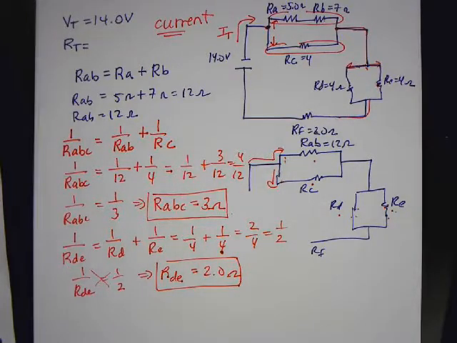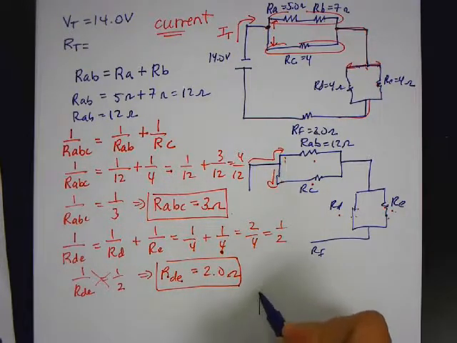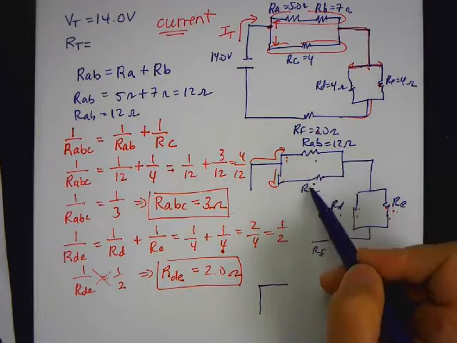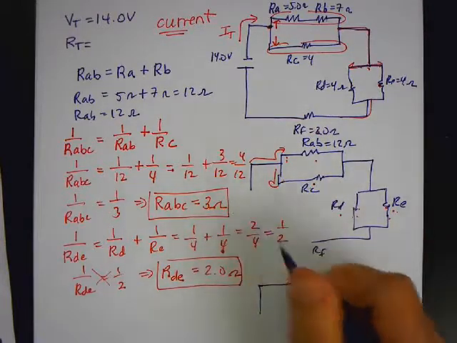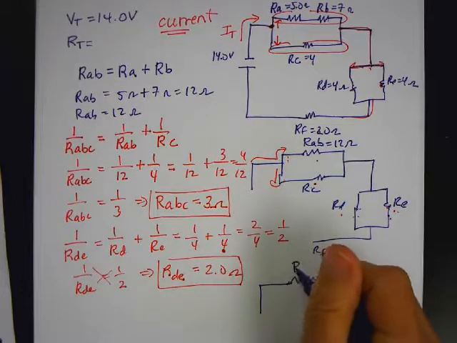Okay, now I'm going to draw my circuit. So now, instead of RA and B in parallel with RC, I found my equivalent resistor, which I'm going to call RABC.